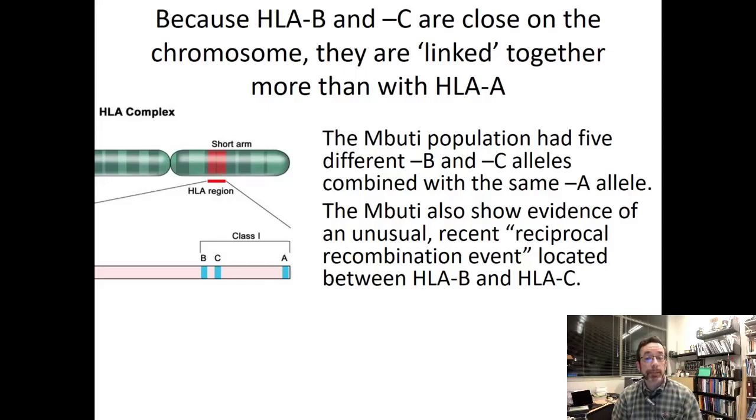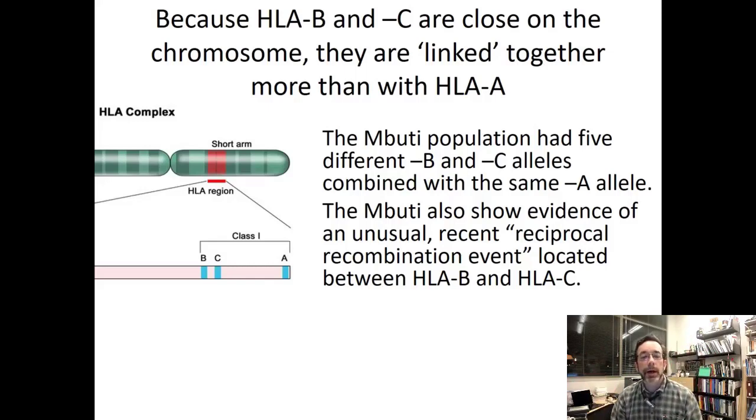For example, the Mbuti population had 5 different B and C alleles combined with the same A allele. So it looks like the B and C alleles could be switched off and recombined differently in different people. But the B and Cs would go together, while the HLA-A would be different.